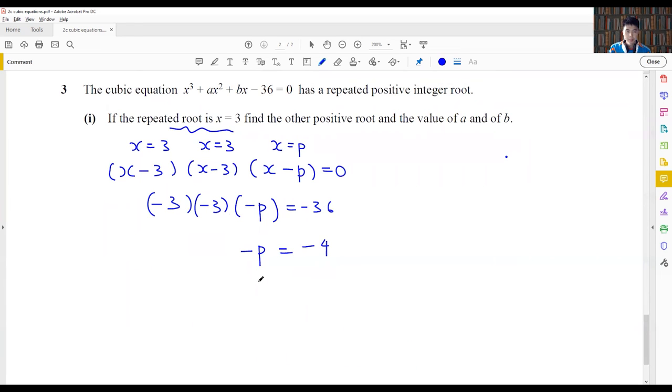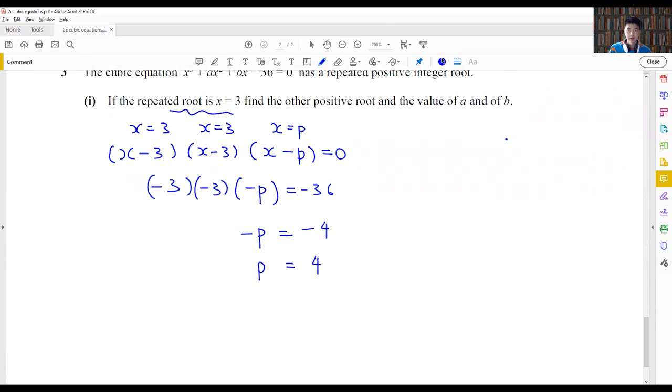And therefore, p would equal 4, right? Since p is equal to 4, I can now rewrite everything into the equation: (x - 3)(x - 3)(x - 4) = 0.